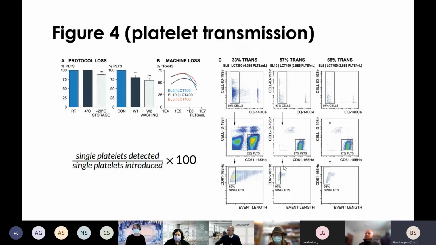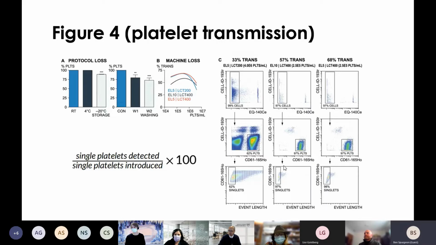So if we look at figure panel A, we can see that stained and fixed samples stored at 4 degrees overnight did not differ from the controls, but samples stored at -20 degrees overnight resulted in a significant 11% loss of platelets, which might be due to freeze-thaw lysis.